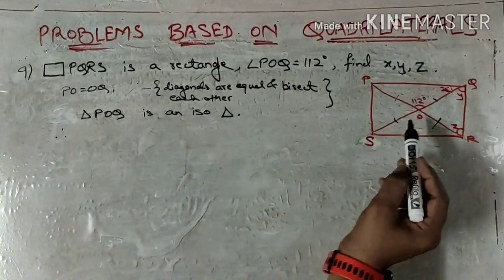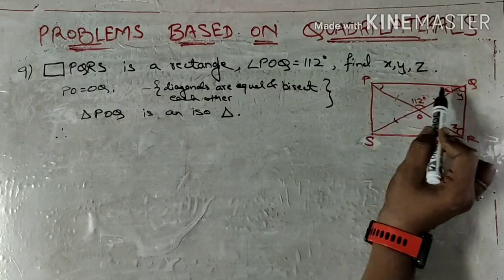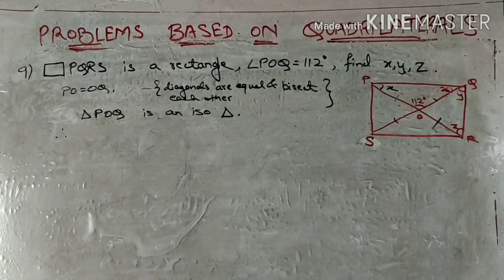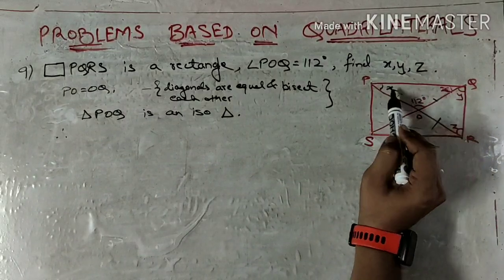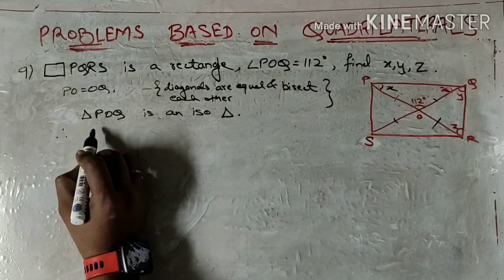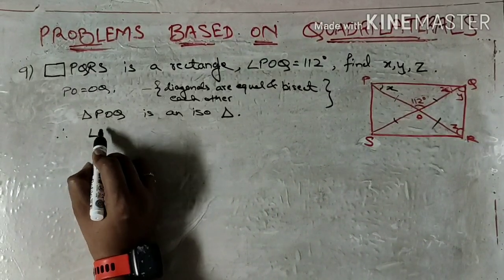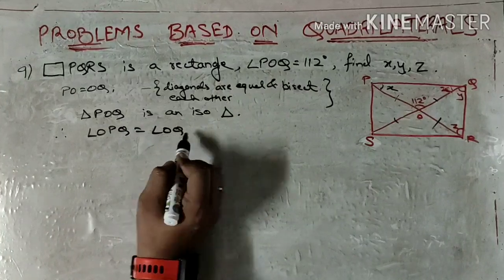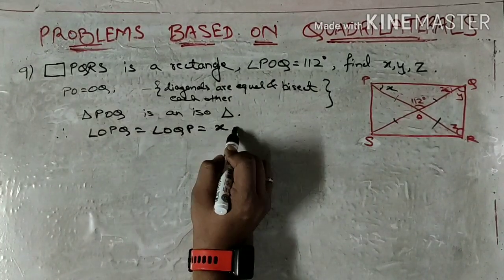Therefore, this angle will also be equal to this angle and I can name it X itself, because this angle is X. So the opposite angles of the isosceles triangle are again equal. Therefore, angle OPQ is equal to angle OQP is equal to X.